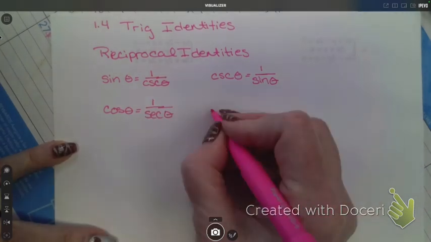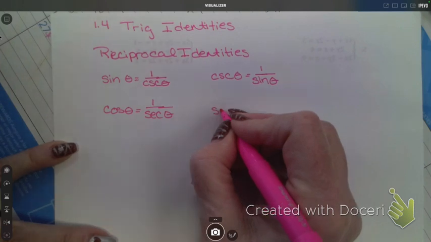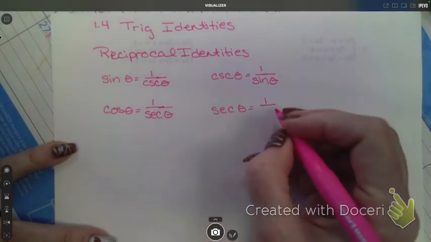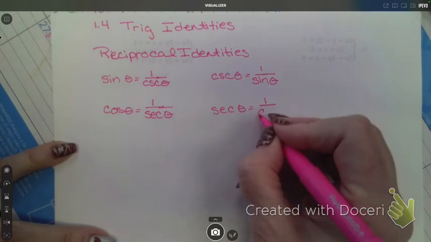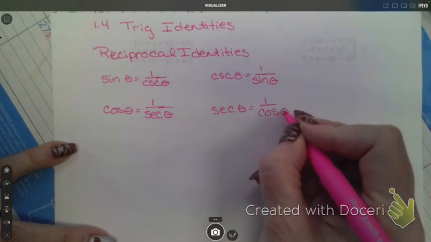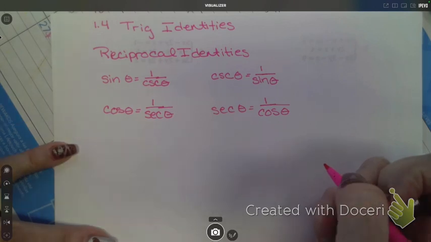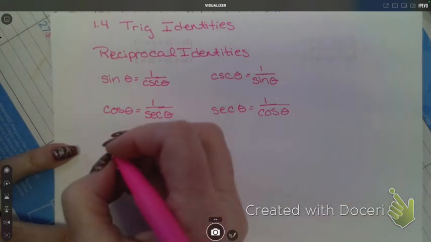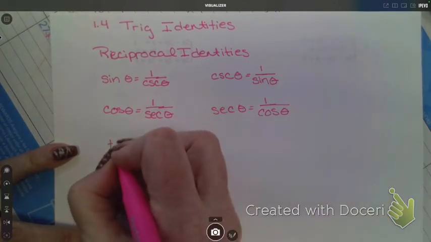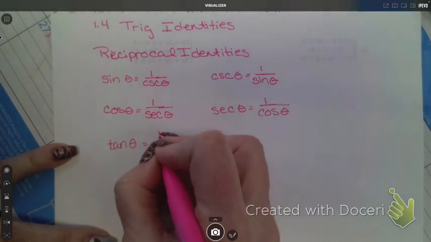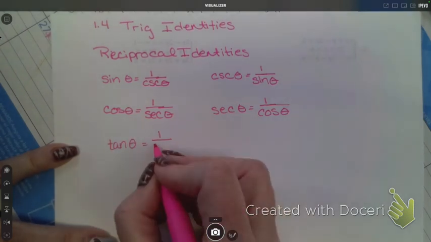And then secant of theta is equal to 1 over cosine of theta. And tangent of theta is equal to 1 over cotangent of theta.